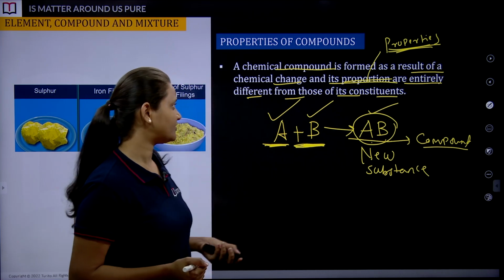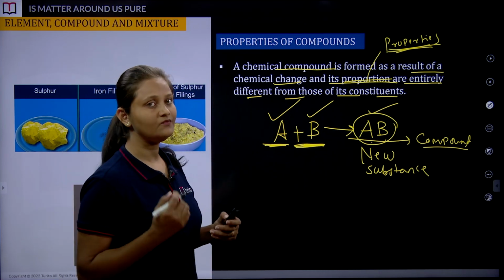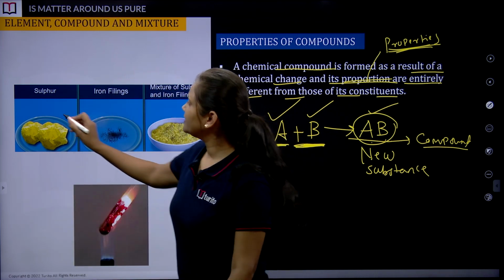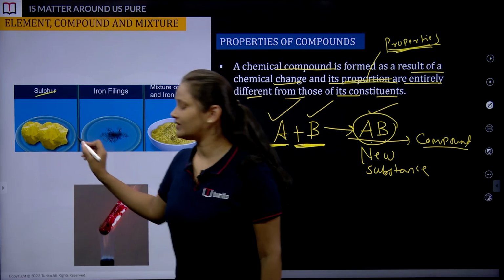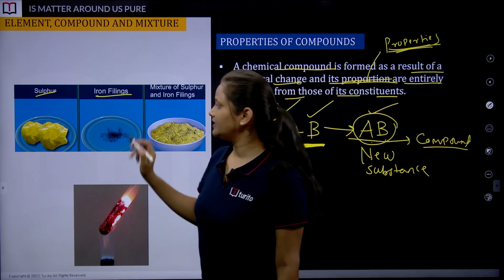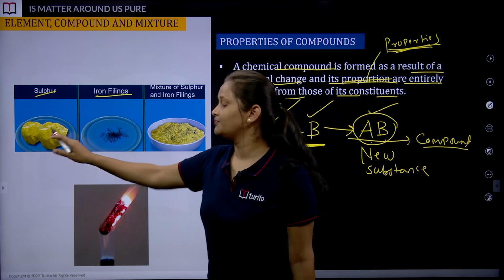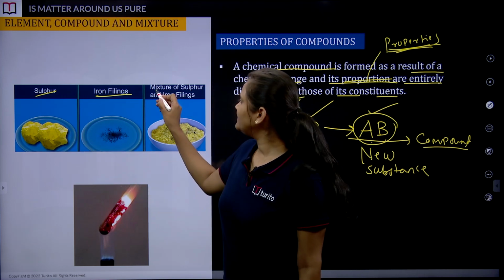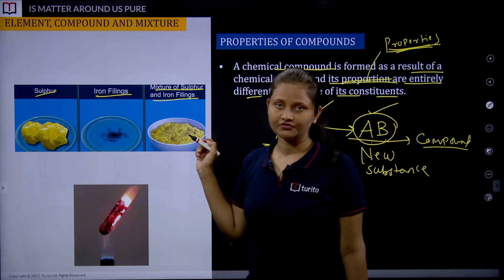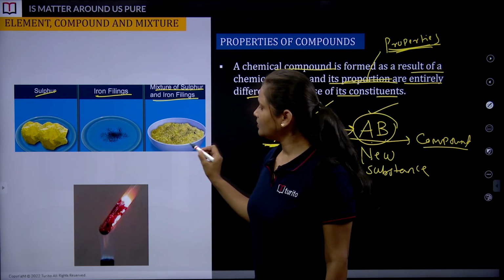Quickly we are going to understand what it means exactly with the help of an example. Students, here we have taken sulfur. This is how sulfur looks. I hope you all are able to see it very clearly. We are having iron filings. These are blackish. This is yellow. And we have taken a mixture of sulfur and iron filings. Can you see, in a bowl we have taken it.